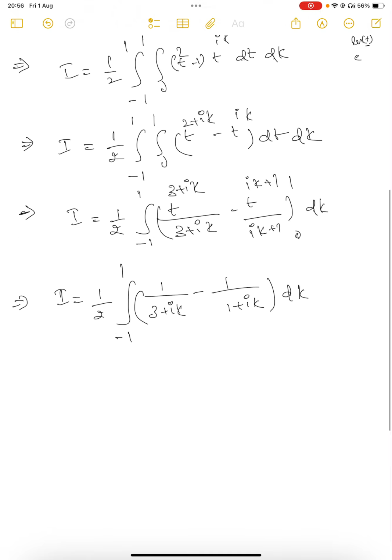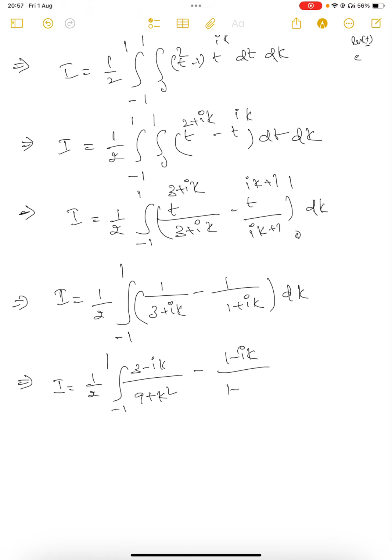Then the next step, because there are imaginary terms in the denominator, let's rationalize it first. Multiply and divide by 3 minus ik. Here it will be 3 minus ik by 3 minus ik into 3 plus ik, which is 9 plus k squared. Similarly, here it will be 1 minus ik by 1 plus k squared.